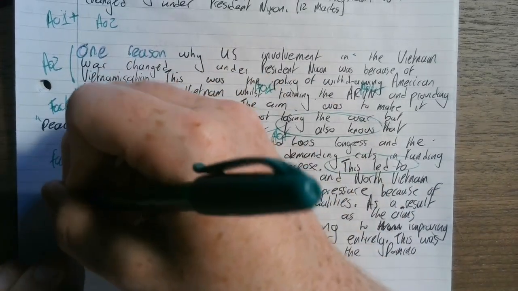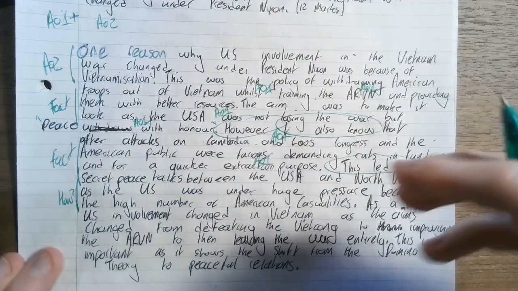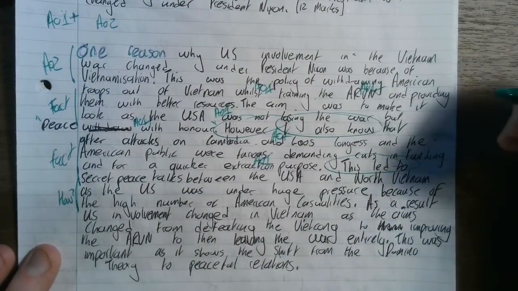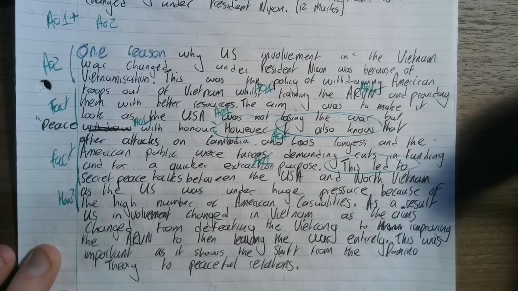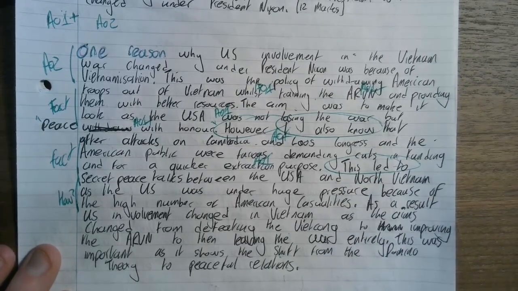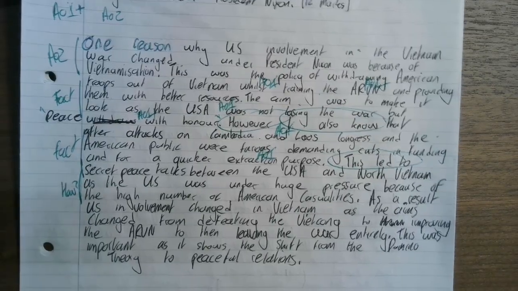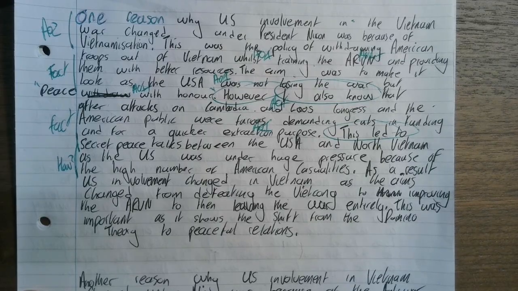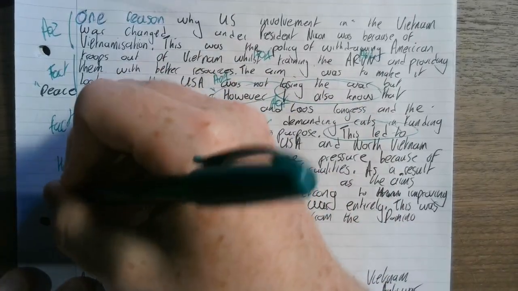There is my how. Vietnamization fails miserably, so rather than carrying on to train the ARVN, they are getting out completely. As a result, US involvement changed as the aims shifted from defeating the Viet Cong to improving the ARVN, then leaving the war entirely. There is my why.